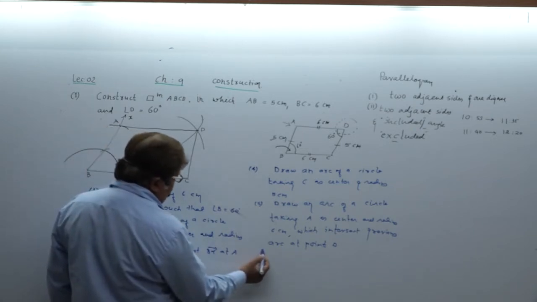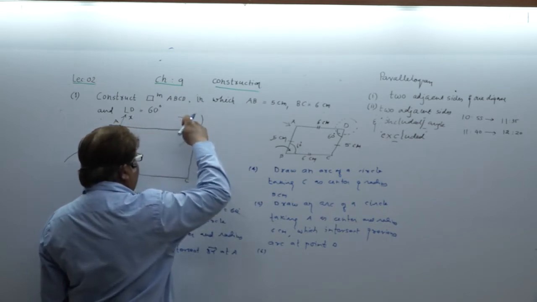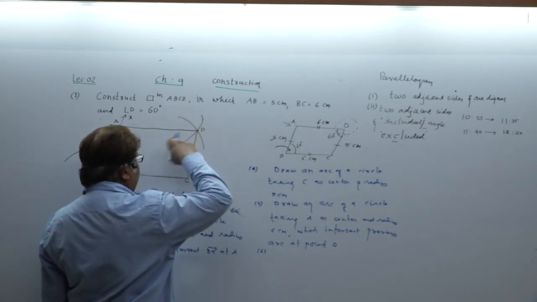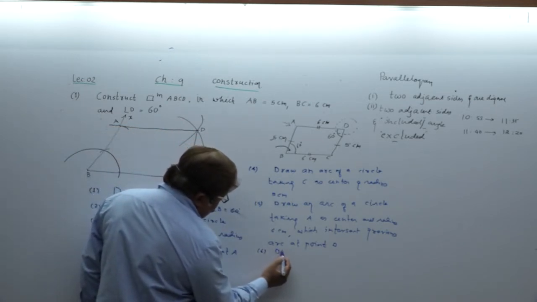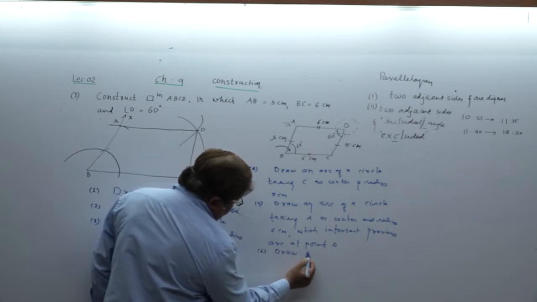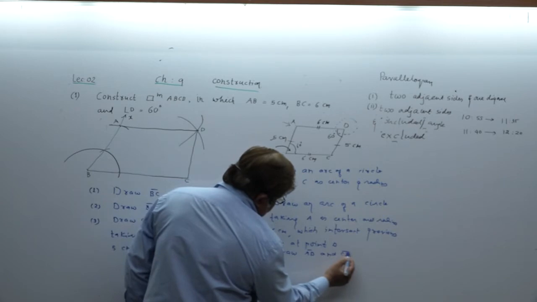And the last step, you all know, we just have to join line segment AD and CD to accomplish the construction. So draw line segment AD and line segment CD.